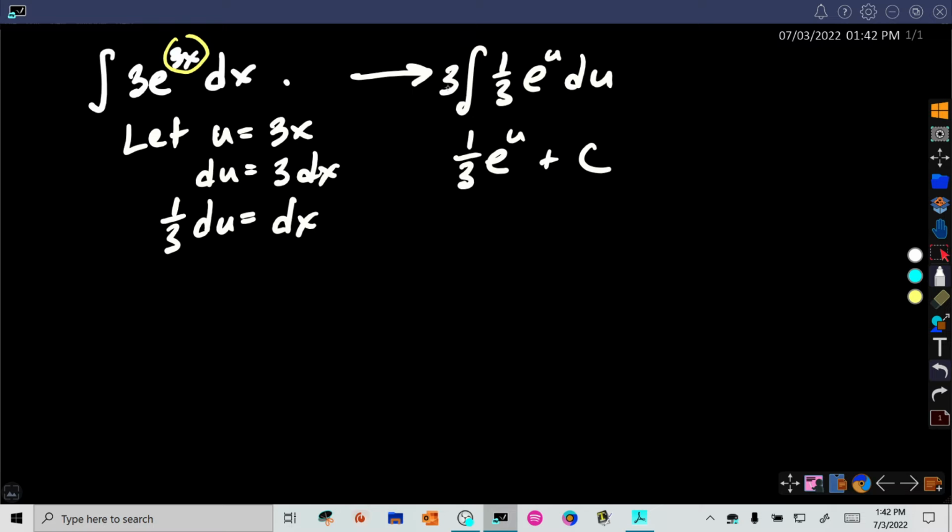That 3 sits out in front. See, there's a 3 right here, so I need to account for that. So I can pull the 3 out in front, and then I'm still left with the 1/3, I was wondering where that came from. So 3 times 1/3, as a result, this is the same thing as just e to the u plus c, which is equal to e to the 3x plus c.